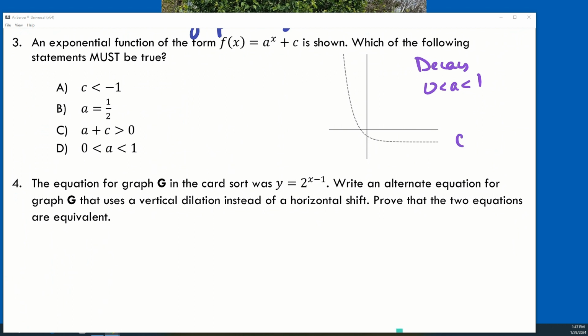Would you say that is positive or negative? Negative. So C is going to be less than 0. So which choice do you think must be true? Pretty sure we just wrote it. D, yeah. Sorry, it took a while to see it. It's okay.